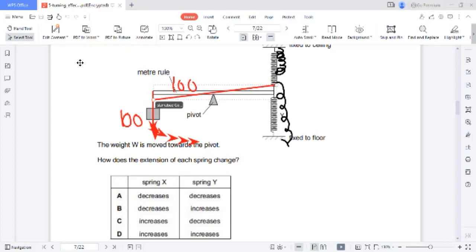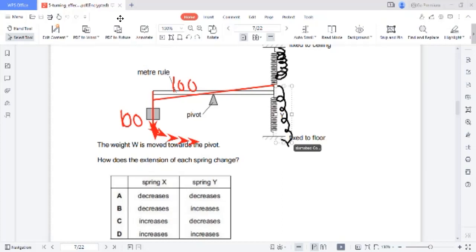As we move to the right, the ruler becomes flatter and flatter. Initially X is compressed, but once the weight moves to the right side, X starts gaining extension, and Y starts getting compression. So there would be a decrease in Y as we move towards the right, and an increase in X as we move towards the right side.